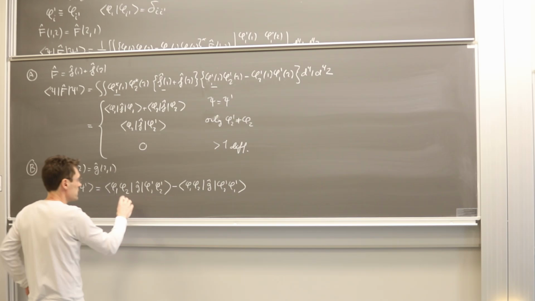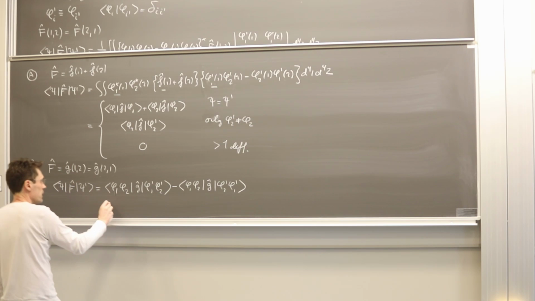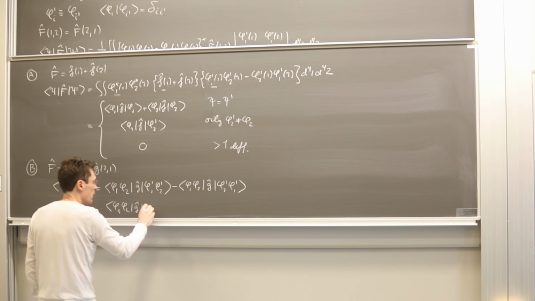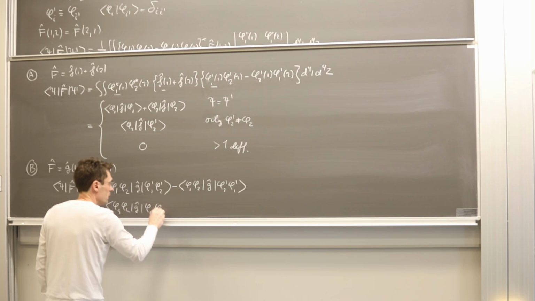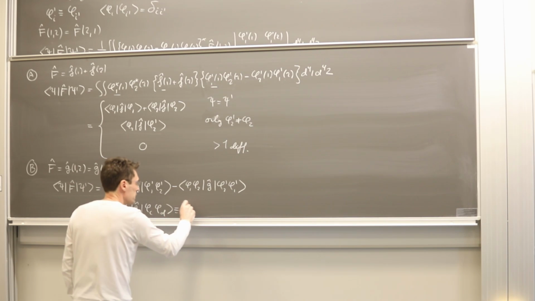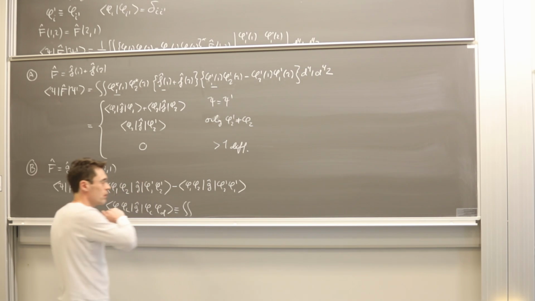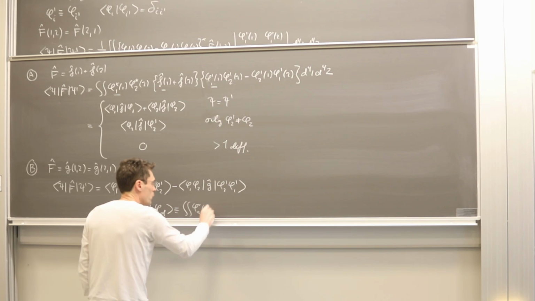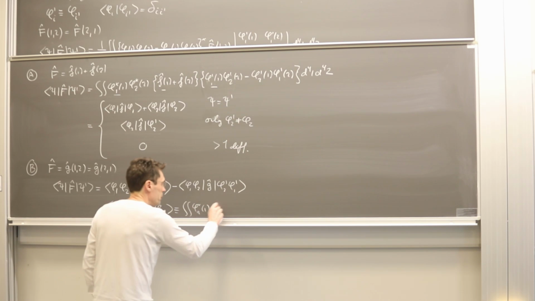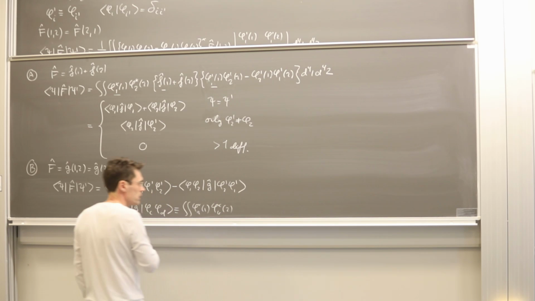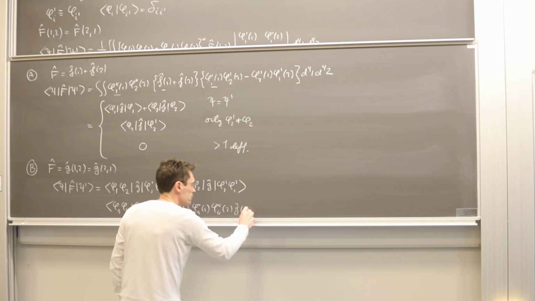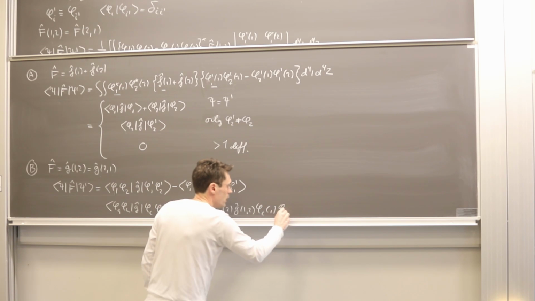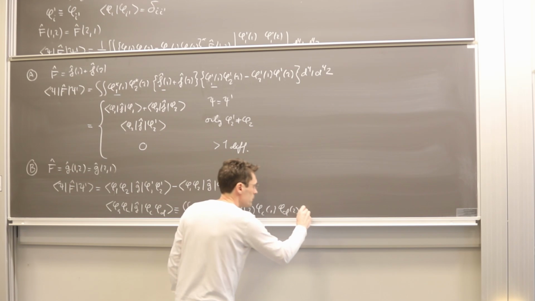And what I mean by this notation in general is that A, B, then this 2-body operator, C, D is just a shorthand for a double integral of phi A conjugate with the argument 1, phi B conjugate with argument 2, the operator, and then C with argument 1, D with argument 2.